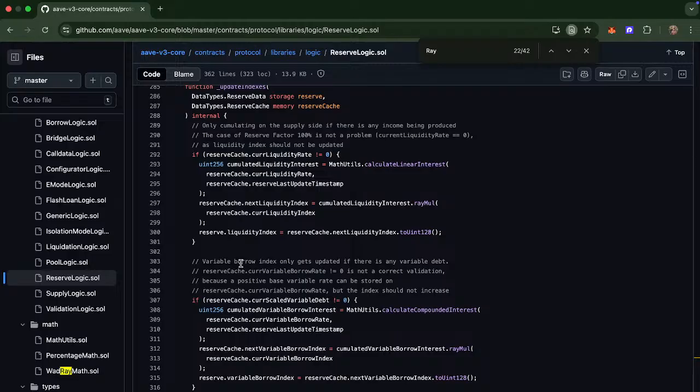It should be linear and debt is compounded. Wow.